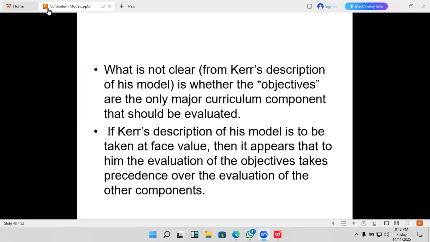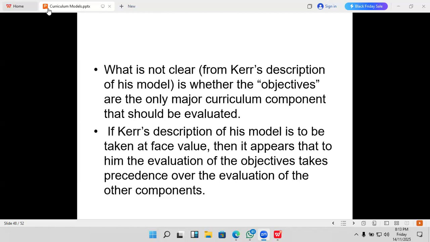That is their criticism. If Kerr's description of his model is taken at face value, then it appears that to him the evaluation of the objectives takes precedence over the evaluation of the other components.